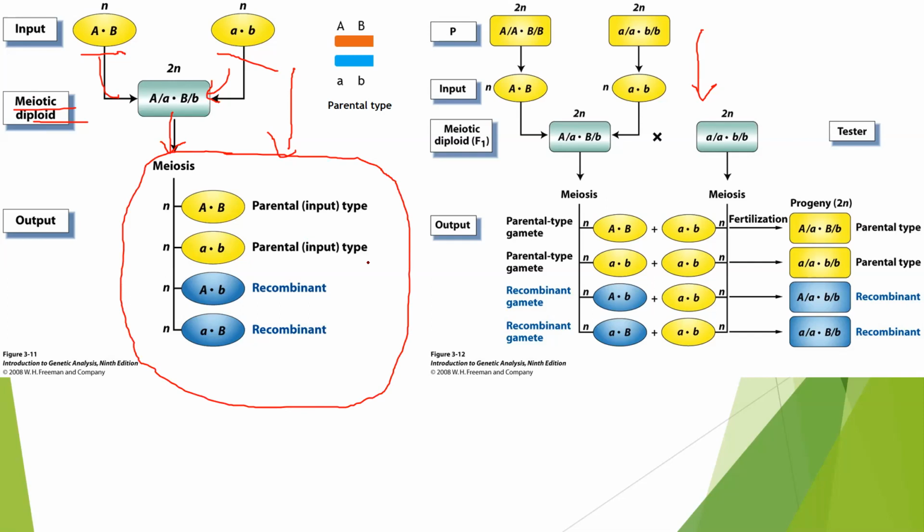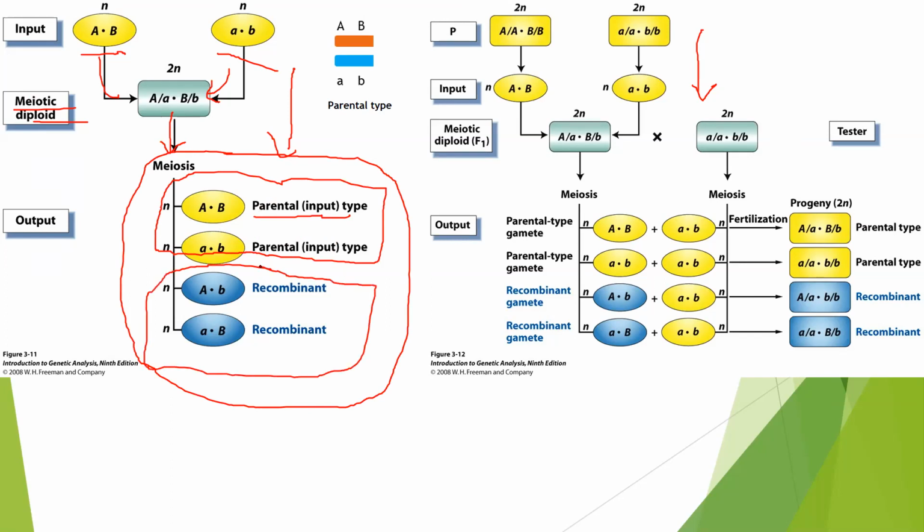All right, so when you compare the genotypes of this progeny with their parents, you're going to see some of them are exactly identical to their parents. We say this is the parental type. And we see some other progeny are different from their parents.